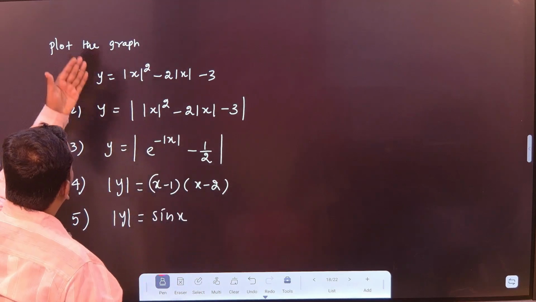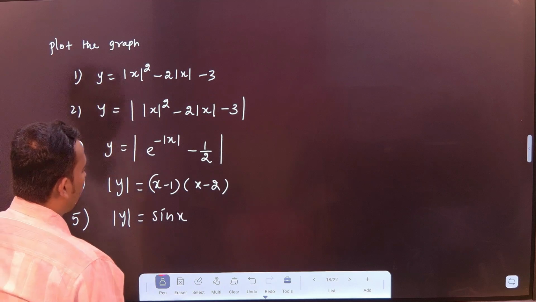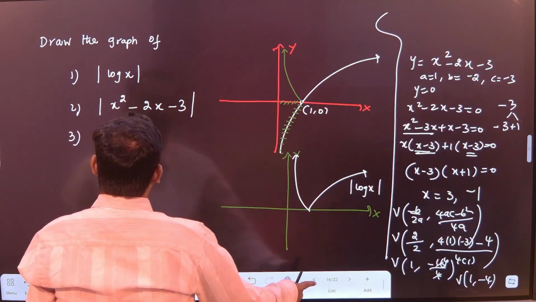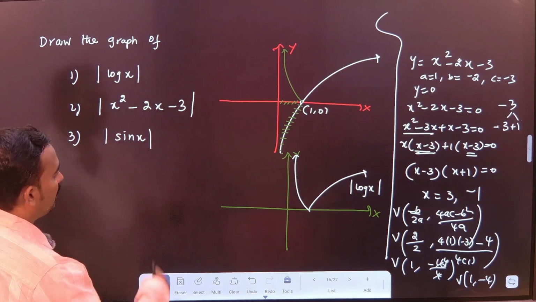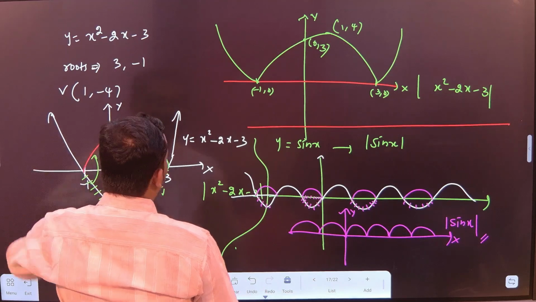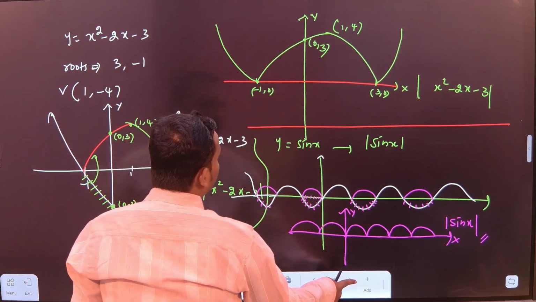Plot the graph of y is equal to mod x square minus 2 times mod x minus 3. Okay, we discussed one graph. The x square minus 2x minus 3 graph we already drew, no? You can see the x square minus 2x minus 3 graph is this one, right? Okay, let's see.